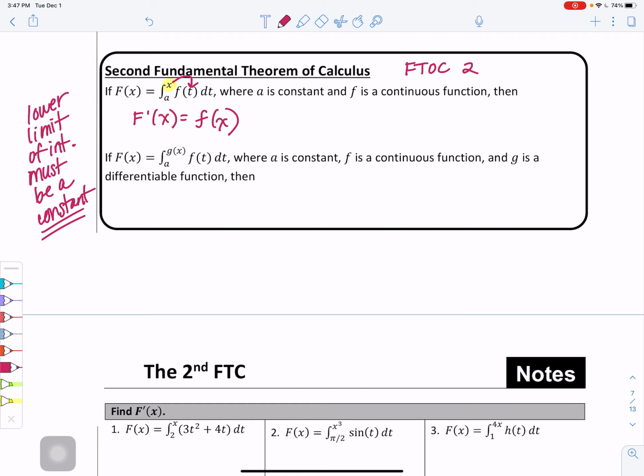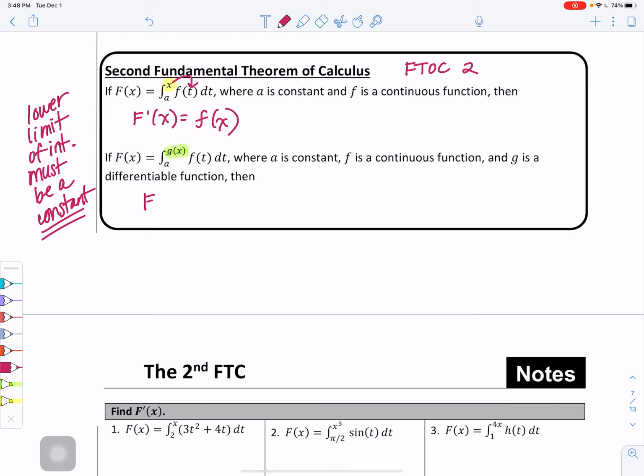Now, what happens if the upper limit of integration isn't just x? The derivative of x is 1. So technically, you could say multiplied by the derivative of that upper limit of integration, it would be 1. Okay? So what if we have some function of x here instead of just x? Well, guess what?